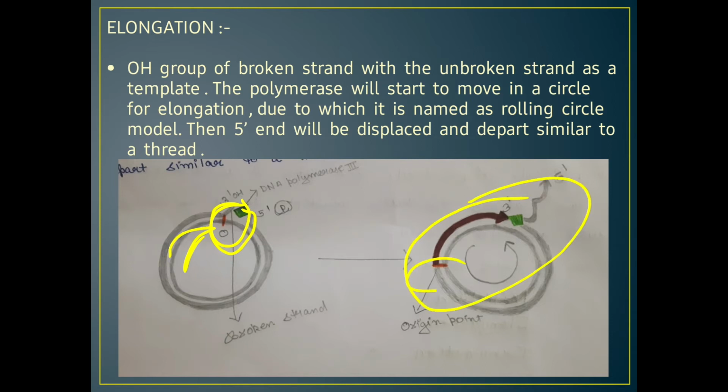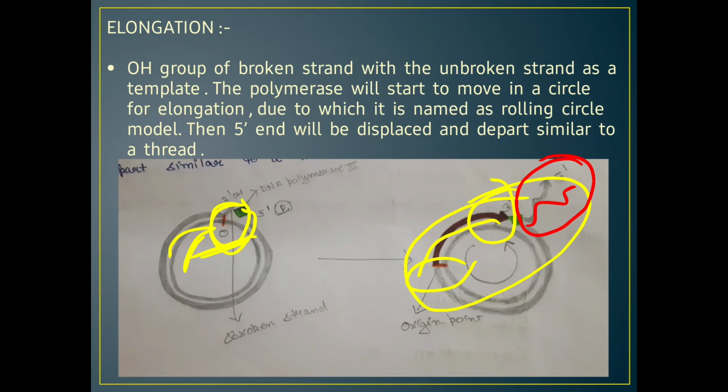This point was first present here, and from there it started to elongate in a circular motion with the help of the polymerase enzyme. At the same time, at the 5' end, the strand starts to displace from there.